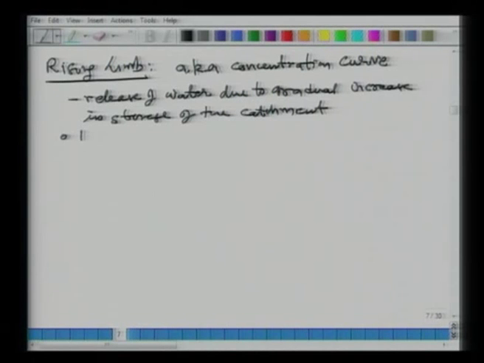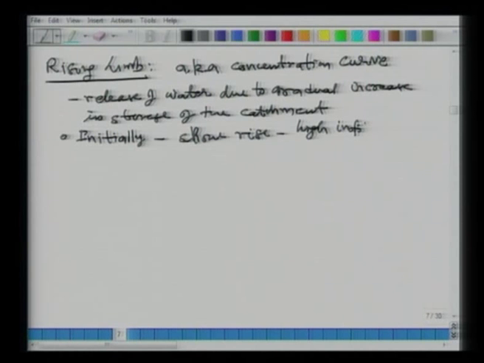Another important point to note for the rising limb is that initially it rises slowly. There is a slow rise. Why is there a slow rise in the beginning of the rising limb? Because we have higher infiltration. Very good.